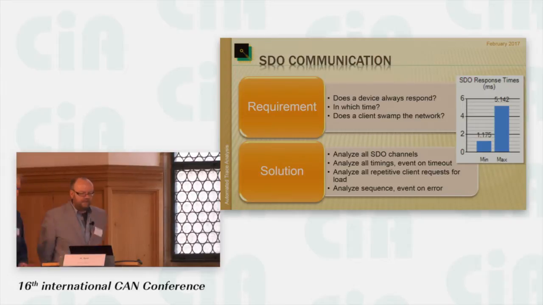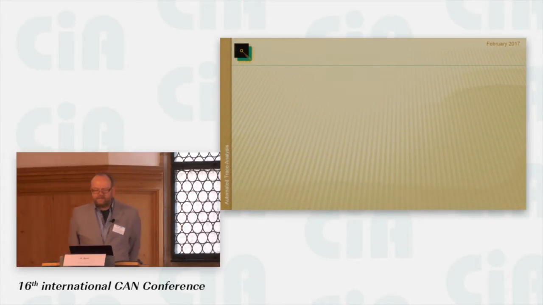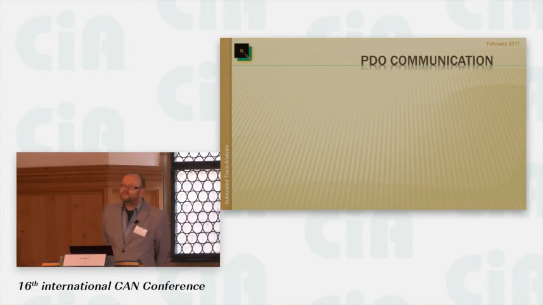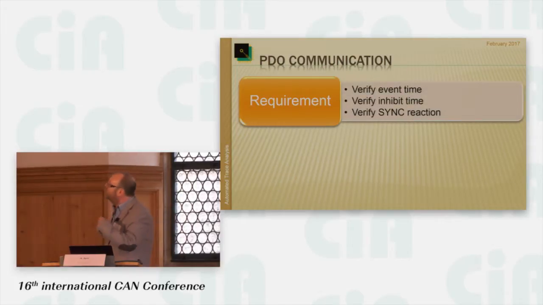So also here, some examples, real use cases. We have seen, for instance, that the SDO timeouts, how fast a device replies, also differ between a single device test and the complete system, because under load devices simply behave differently.